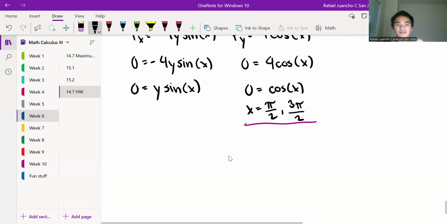So I plug those in here. And I basically just get 0 for all. No, actually, when I do sine pi half here, I get 1. So my y is 0. When I do sine 3 pi half, I should also get 1.